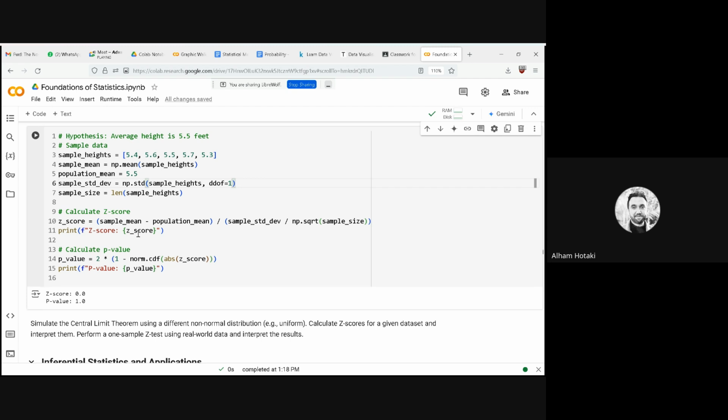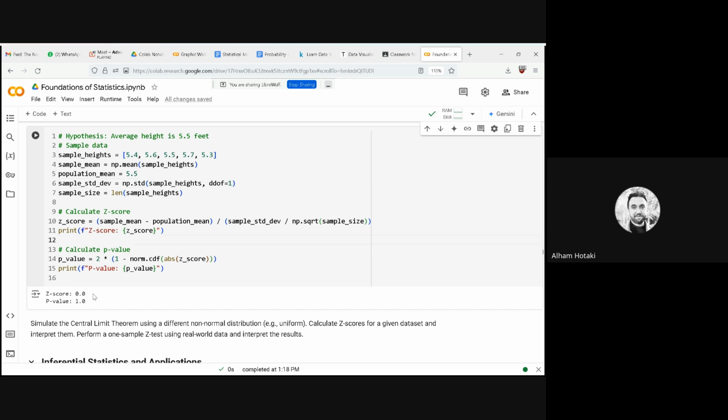The sample mean, which is the mean of the sample of these people, minus the population mean, divided by the sample standard deviation over the square root of the sample size. And then we print the z-score.